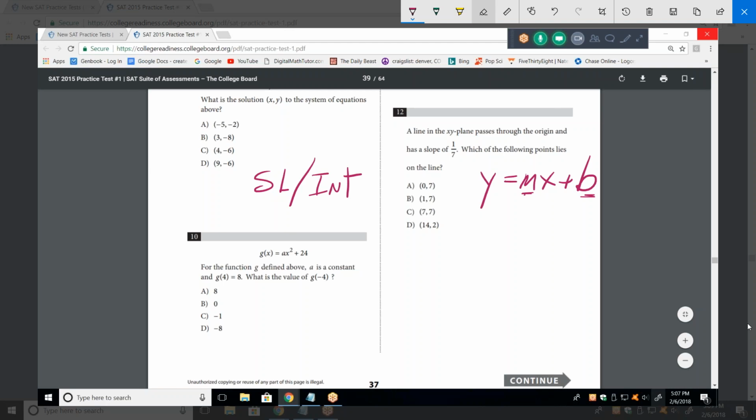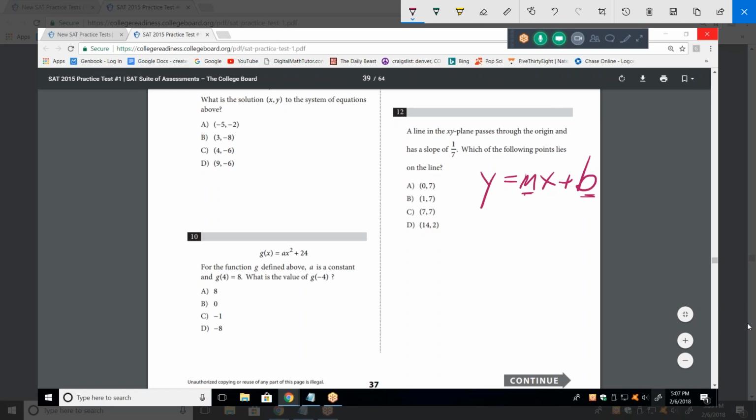Okay? So in our problem here, the intercept is usually where you want to start. Read the first sentence. A line in the xy plane passes through the origin. Stop. What's the y-intercept?